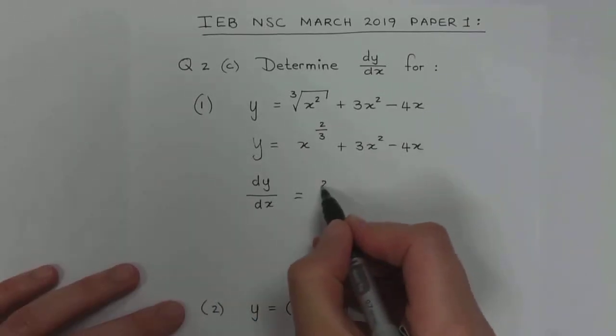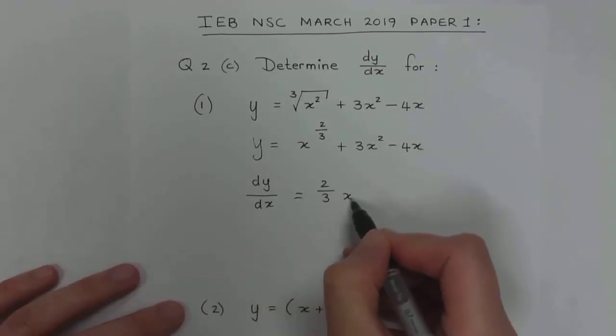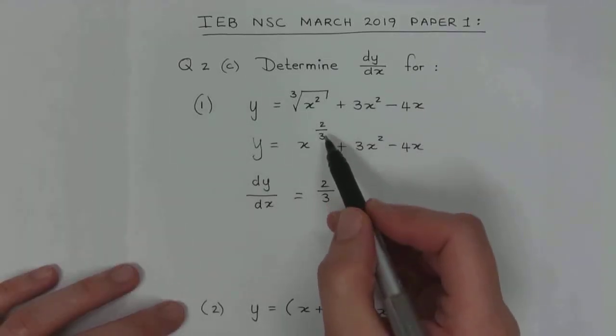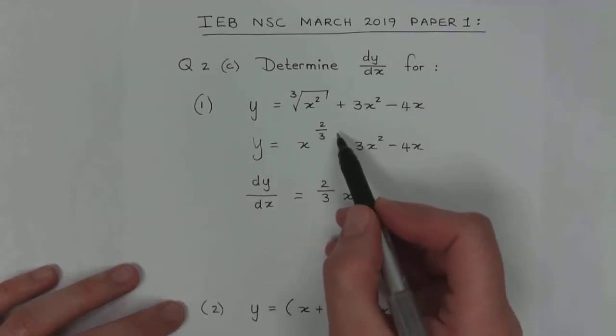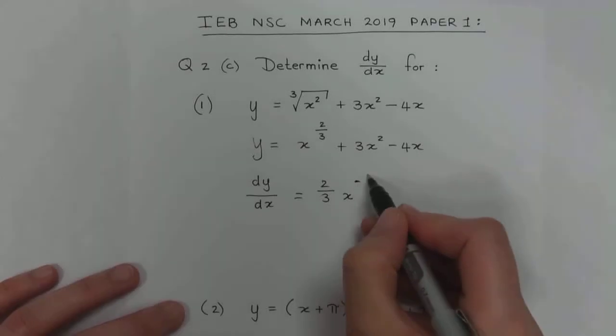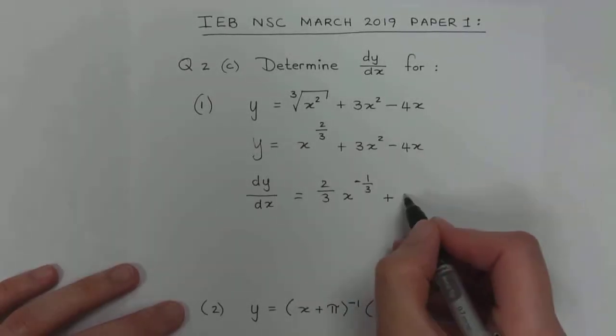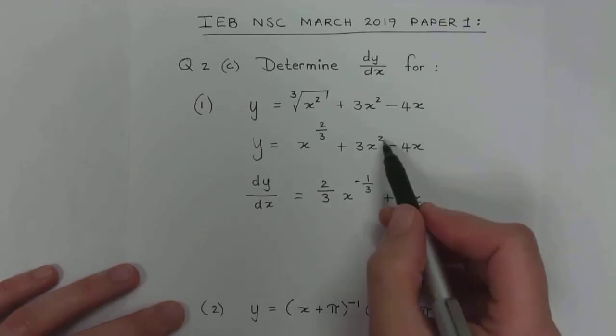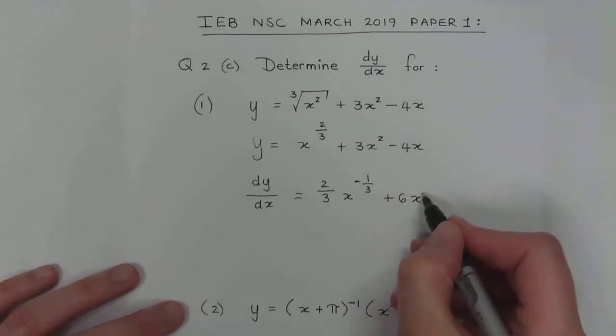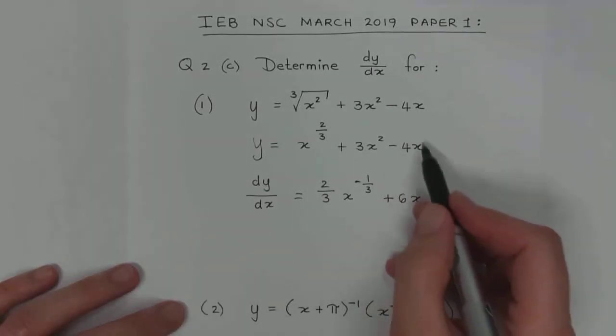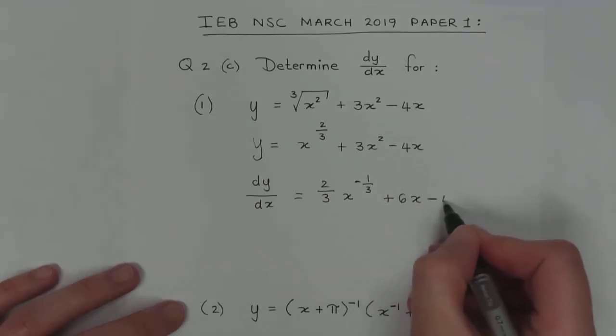So I will say it's 2 over 3x to the power of, and careful again, 2 over 3 minus 1 is 2 over 3 minus 3 over 3, which is minus 1 over 3. Plus 2 times 3 is 6, x to the power of 2 minus 1, which is 1, but I'm not going to write that 1. And then this one we've discussed before, that's just going to be minus 4.